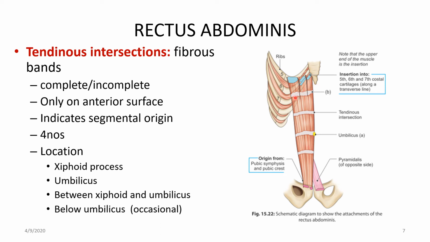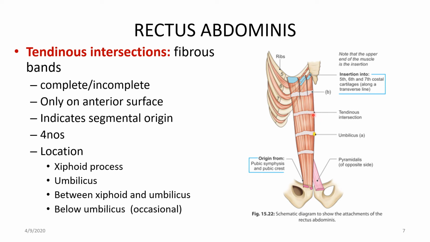You are seeing 1, 2, 3, 4. So where are they located? One we are seeing located near the xiphoid process. This is the xiphoid process and it is located here. Then the second one is at the umbilicus you are seeing. And then there is one in between the xiphoid process and umbilicus.